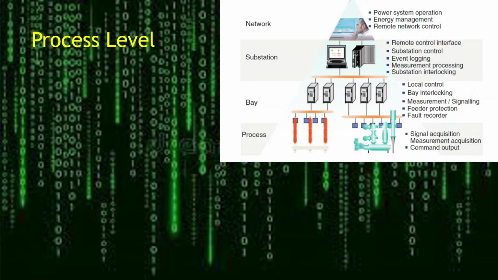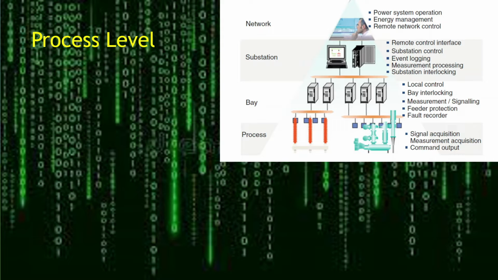The process level binary status signal indicates, for example, the position of the switchgear or the transformer tap changer. Analog measurement data, that is voltage or current, are available at the interface of the instrument transformer.